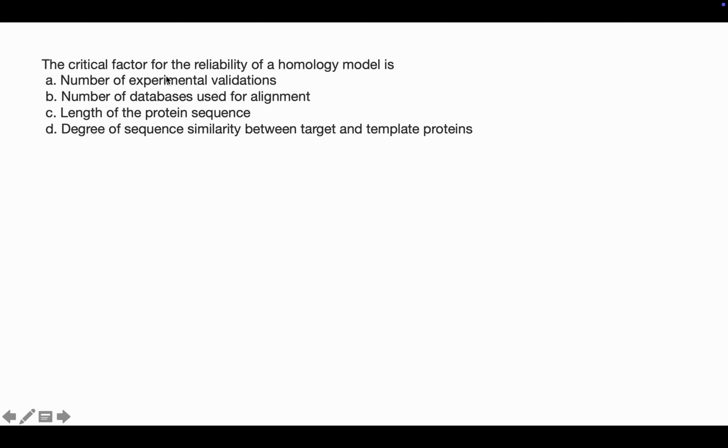The critical factor for the reliability of homology model is, so one of the major requirements for the homology model as we studied is the degree of sequence similarities.